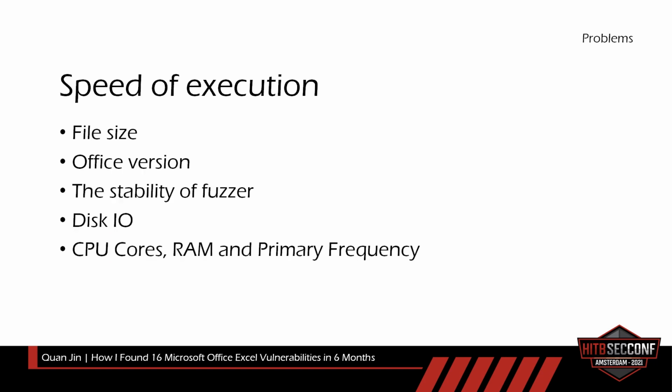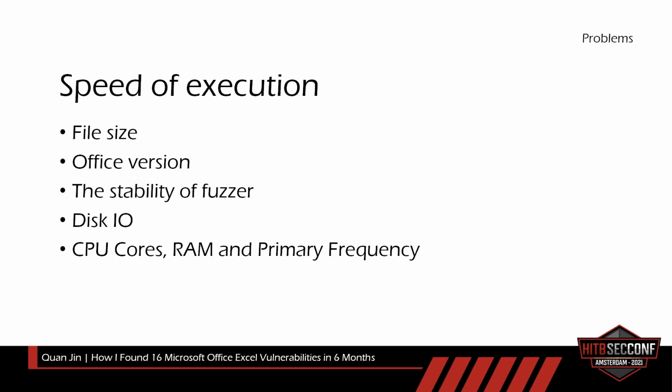Speed of execution. When other conditions remain unchanged, the speed of fuzzing directly affects the output efficiency. After some testing and evaluation, I think the main factors affecting Excel fuzzing are as follows: file size, Office version, the stability of the fuzzer, disk I/O, CPU cores, RAM, and main frequency.